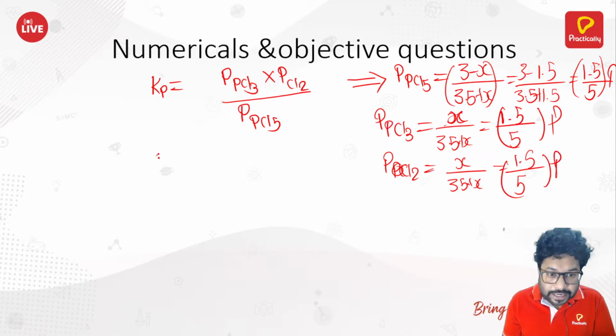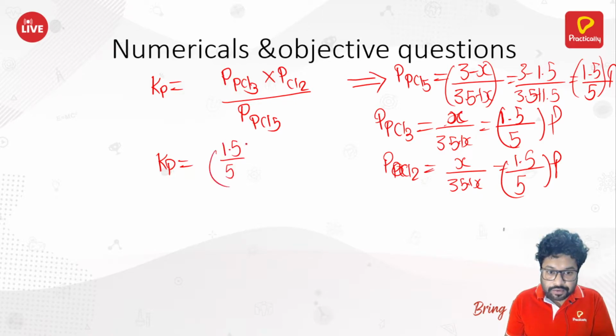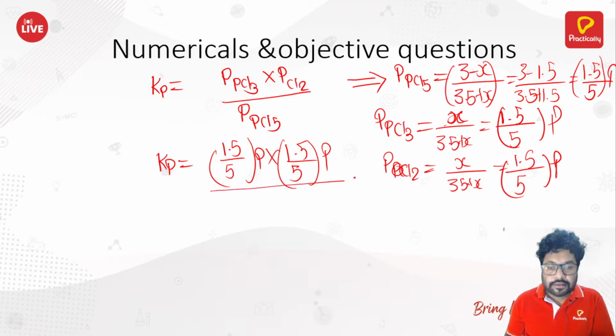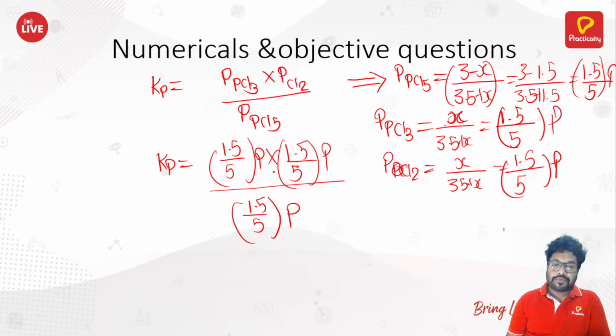Okay. So basically your Kp will be equal to 1.5 divided by 5 into P, into 1.5 divided by 5 into P, divided by again 1.5 divided by 5 into P. This gets cancelled.